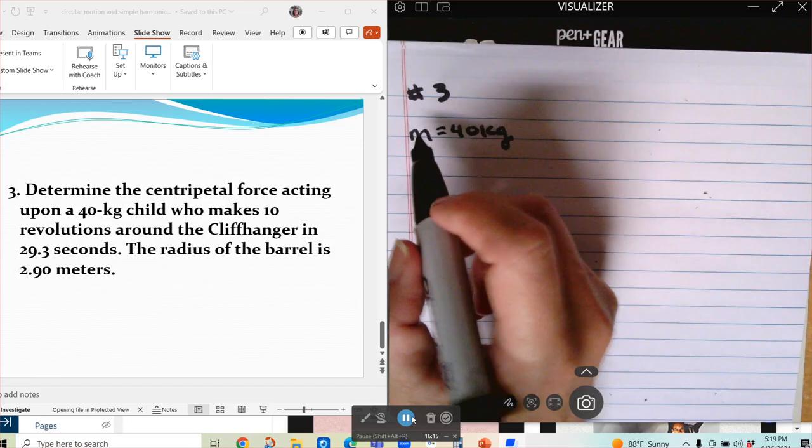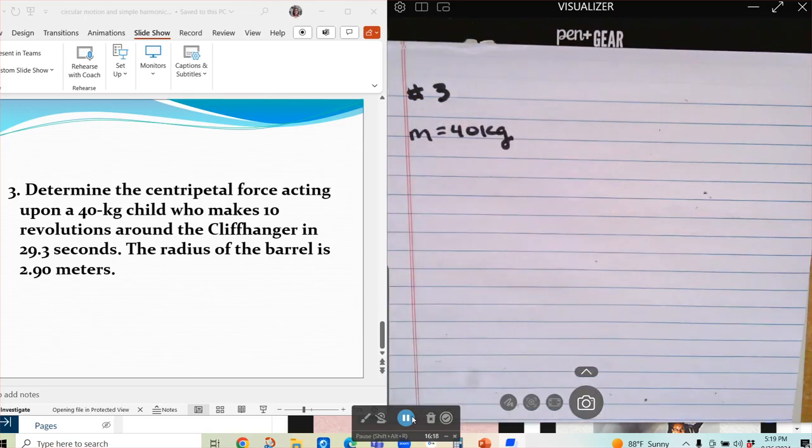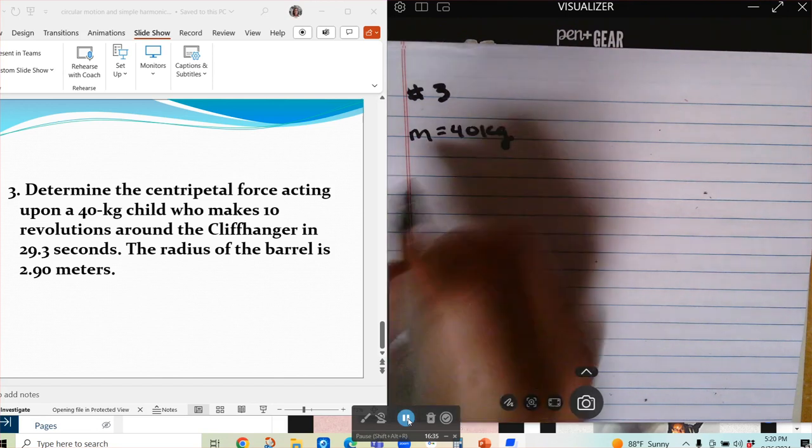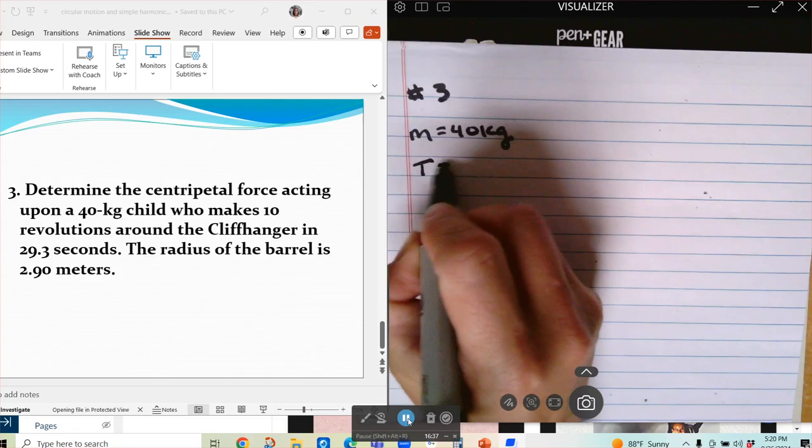He's going to make 10 revolutions in 29.3 seconds. So because this child is making 10 revolutions in 29.3 seconds, that 29.3 seconds is not our t. It's not our period.